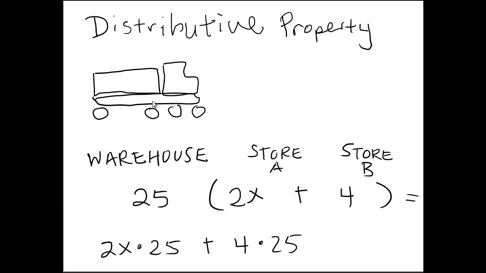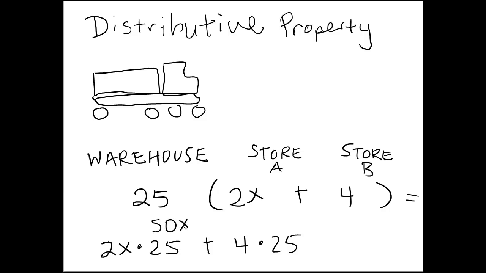Whatever is listed in the warehouse gets multiplied by each store, store A and store B. So 25 times (2x plus 4) equals 2x times 25 plus 4 times 25, which equals 50x plus 100.